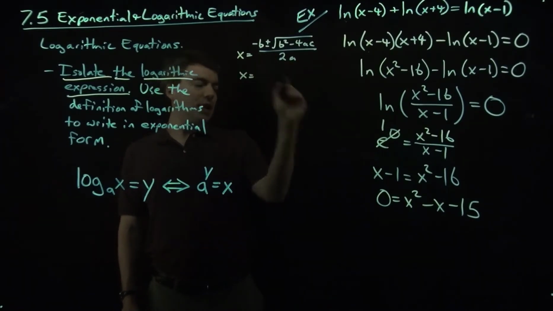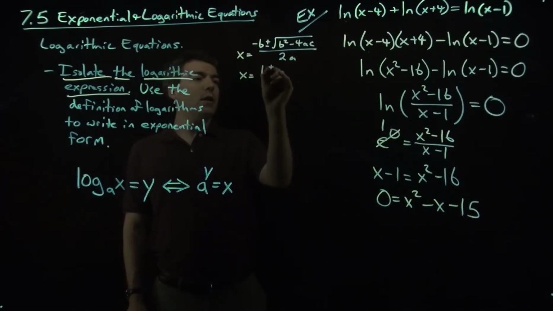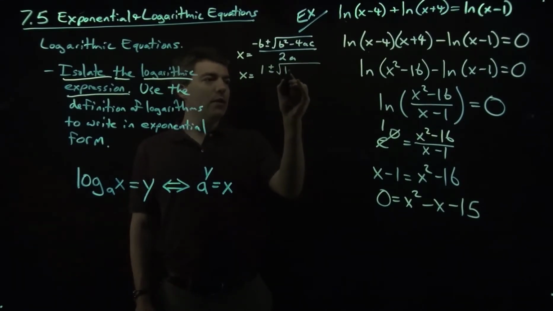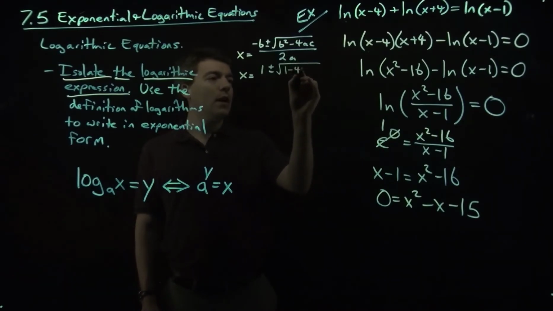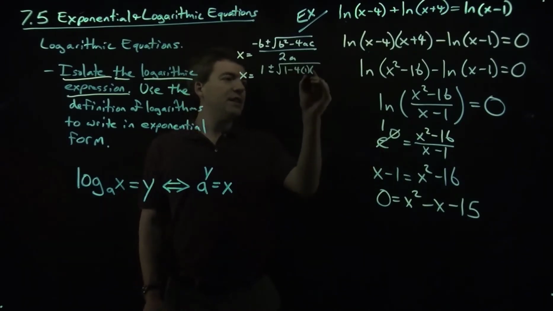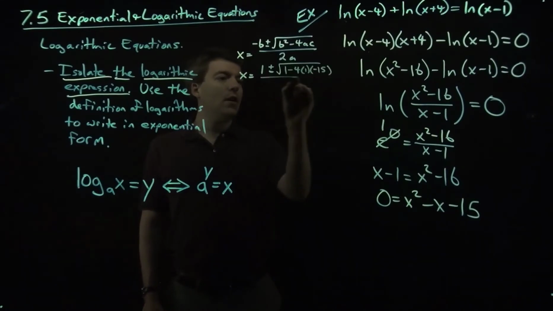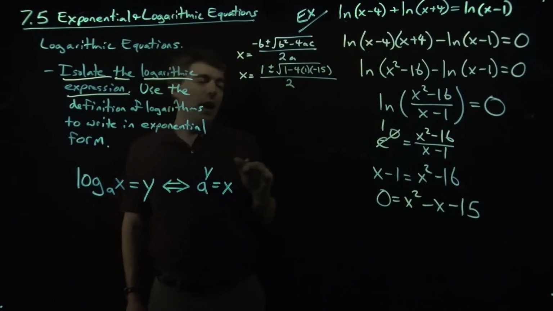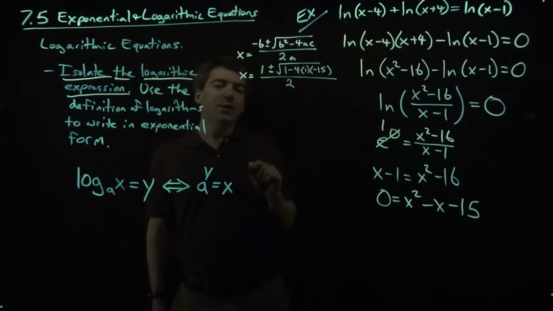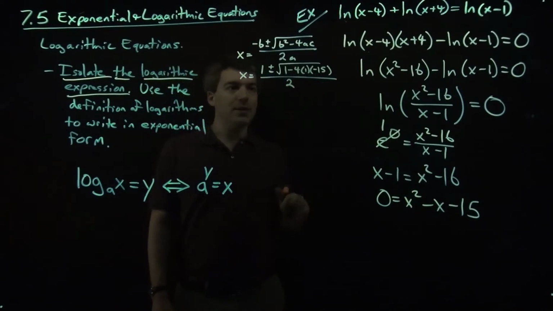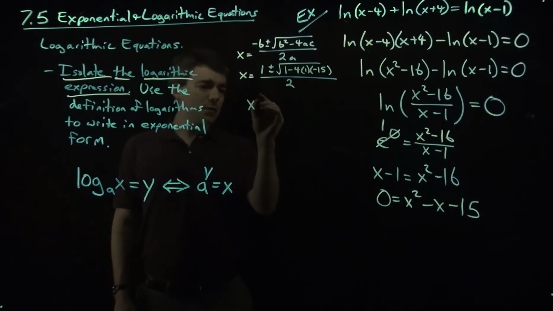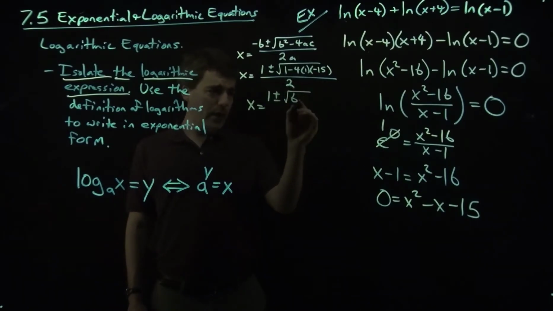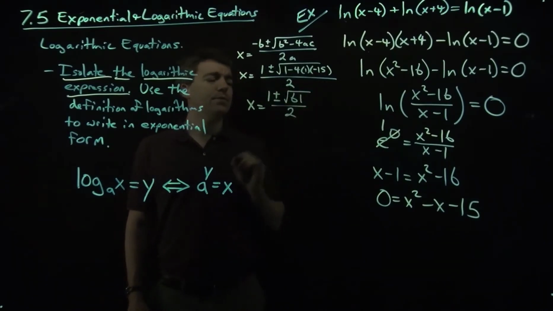So we have x equals negative negative 1, so 1, plus or minus square root of negative 1 squared minus 4ac, which is negative 15, all over 2a, 2 times 1. All right, under the radical, we have 1 minus a negative, so it'll be plus 4 times 15, which is 60. So we have x equals 1 plus or minus square root of 61 over 2.